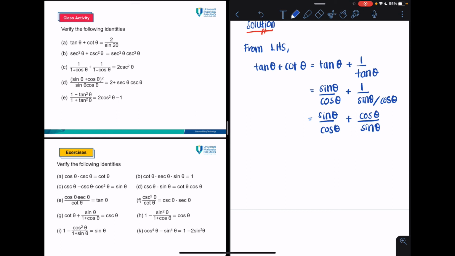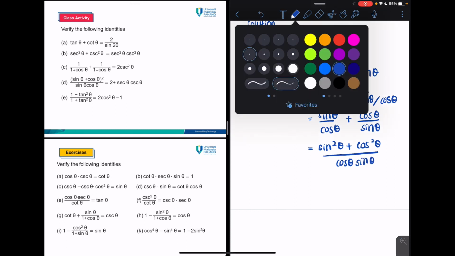Since they don't share the same denominator, we are going to perform cross multiplication, and then I will get sine squared theta plus cosine squared theta over cosine theta sine theta.